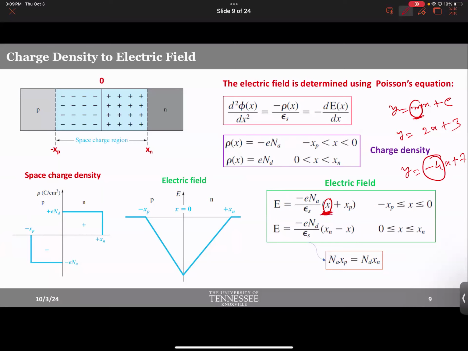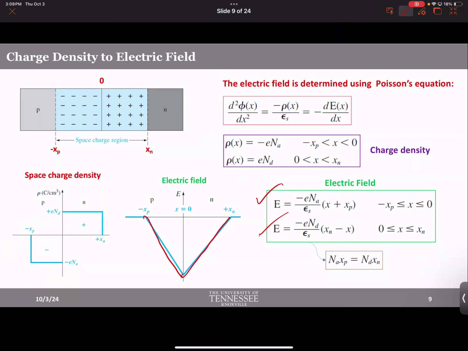It is essentially a negative slope. You know why? Because there is a negative constant in front of it. But for the other one, there is a negative sign in front of x and another negative sign here, so they will essentially become positive. So you have a positive slope line. There are different ways of looking at it, but it doesn't matter. You could just plot this one and the other one, you get these two equations. Does that make sense to you all?